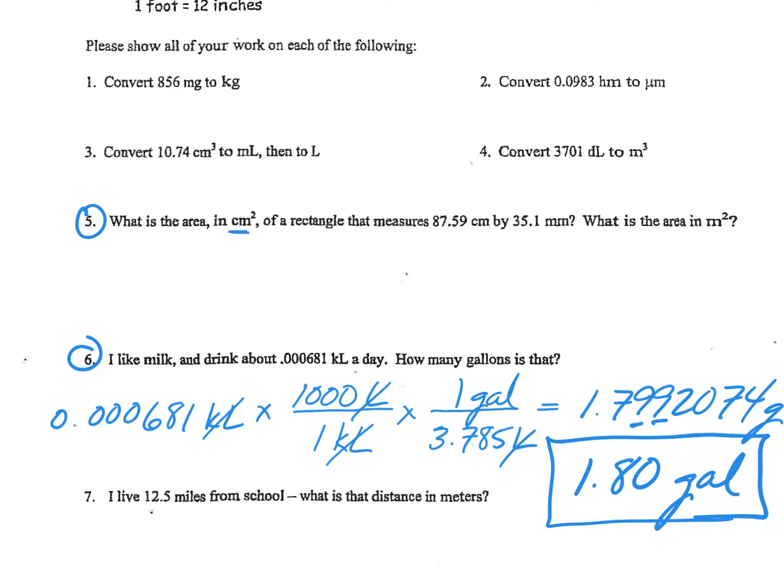We're trying to find the area of this rectangle in square centimeters. Okay? I'm given one measurement in centimeters and one measurement in millimeters. Okay? So I'm going to change that millimeters to centimeters. I'm just going to move the decimal point, and I'm going to say that's 3.51 centimeters. Okay?